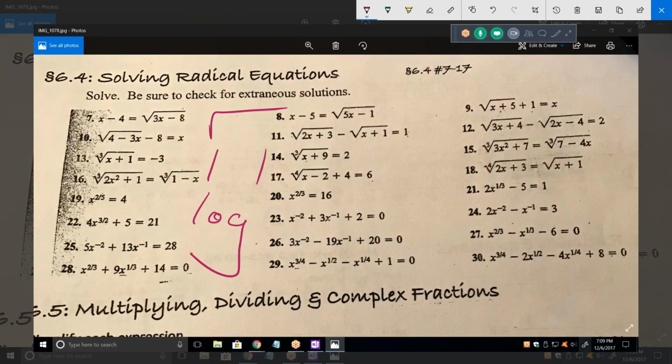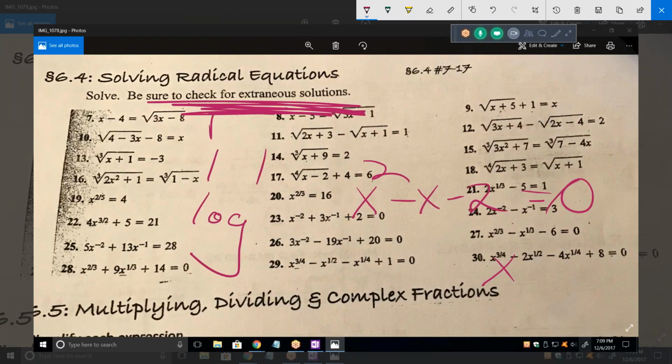Any of those 3, if you're solving an equation that has any of these 3 in it, make sure you check for extraneous solutions. If it's just a polynomial, not so much. If I've got x squared minus x minus 2 equals 0, I'm going to come up with an x of 2 and negative 1.